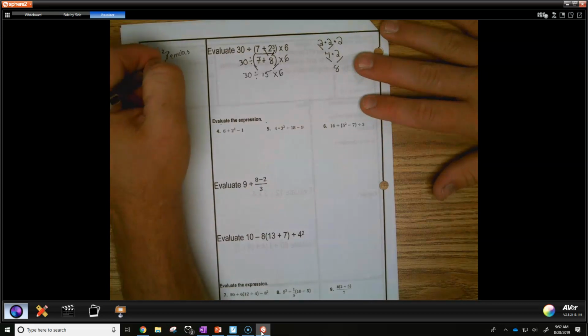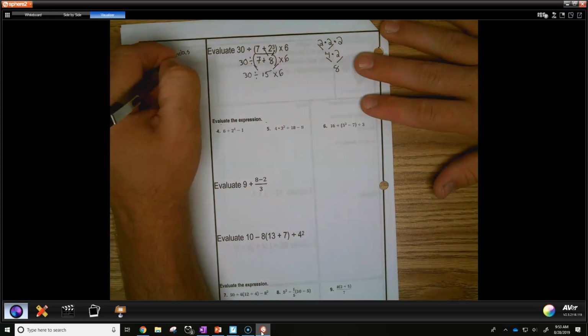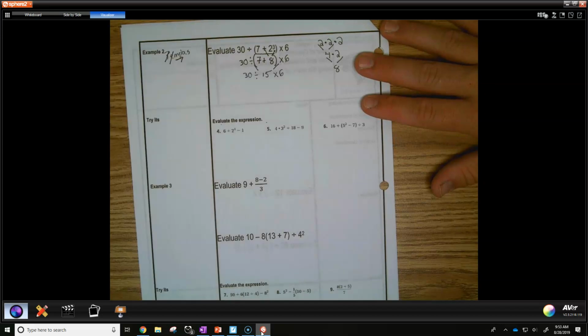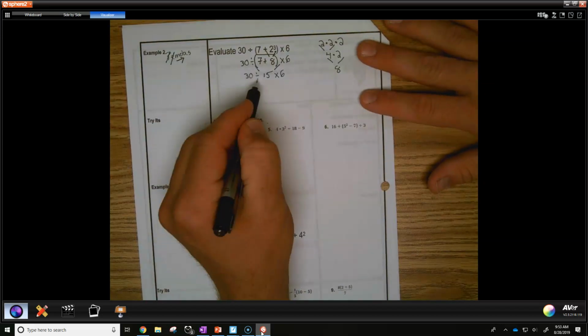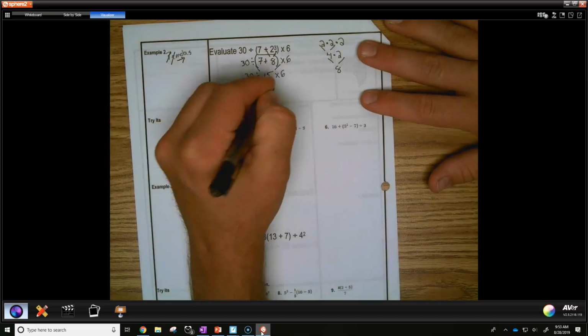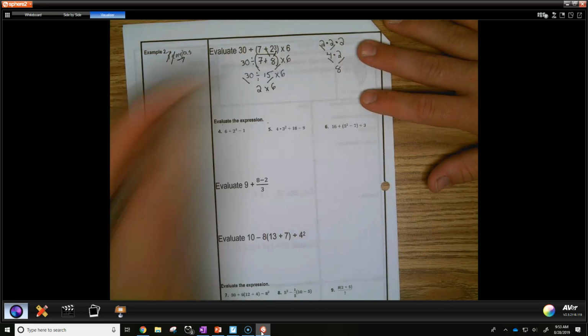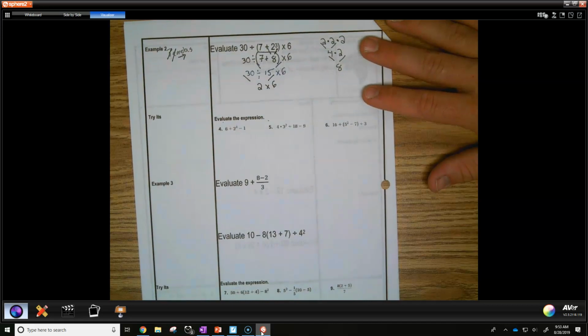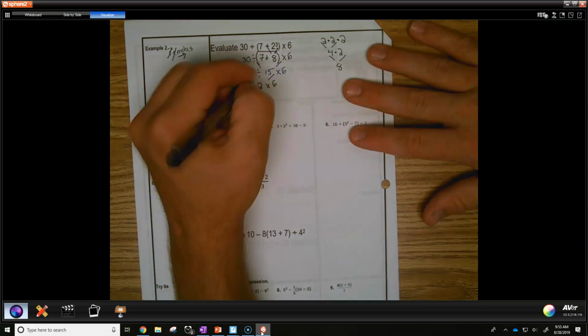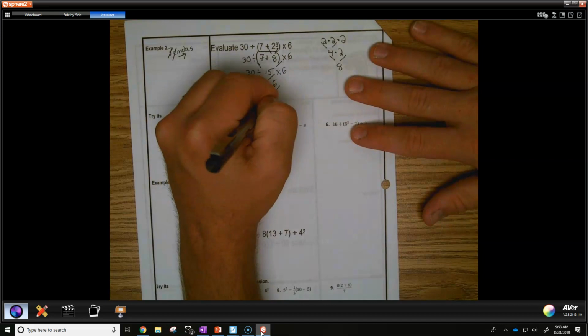I have no more parentheses, I have no more exponents, but left to right, I do multiplication and division. There was division. So 30 divided by 15 is 2. I rewrite my problem, 2 times 6, which is 12.